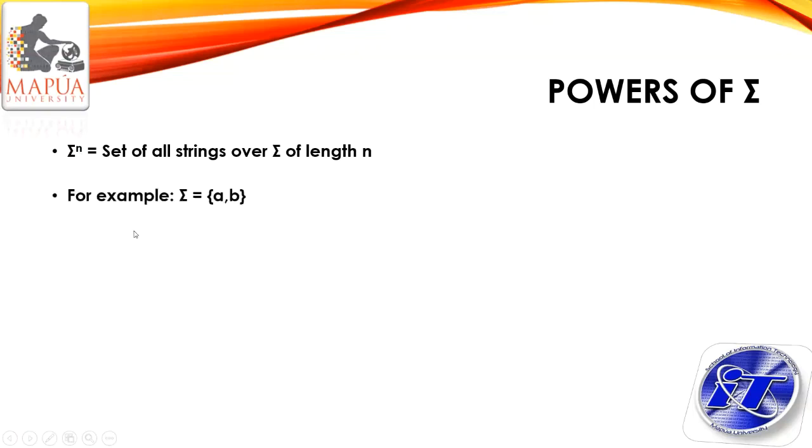Now, let's discuss what is power of sigma. Basically, power of sigma defines the length of the string. So sigma raised to n, wherein n is the length of the string. For example, sigma raised to 0 means the length is equal to 0, so that's the empty string.